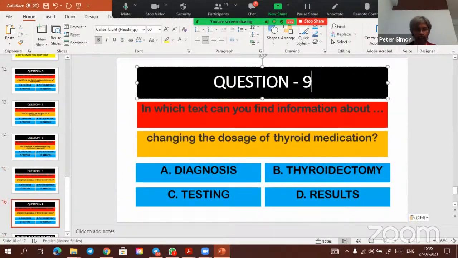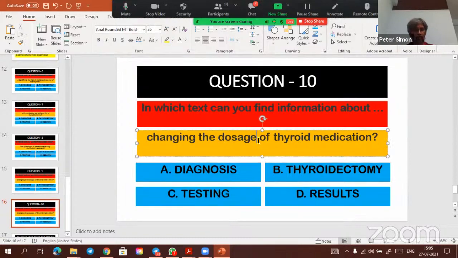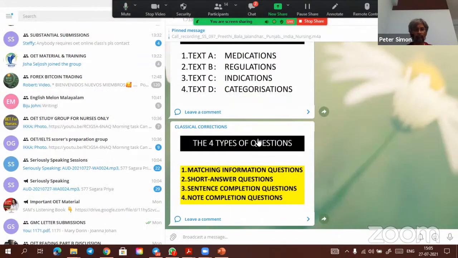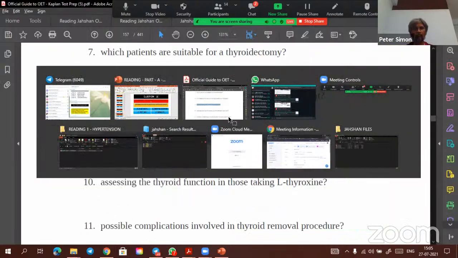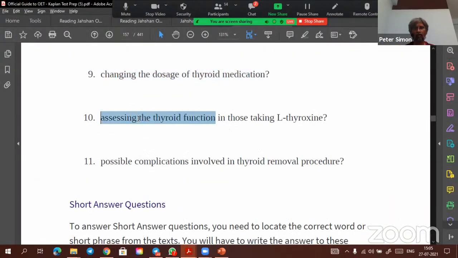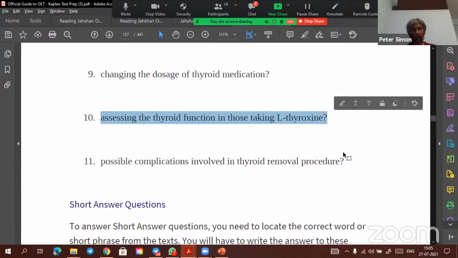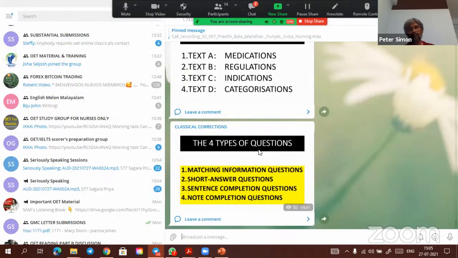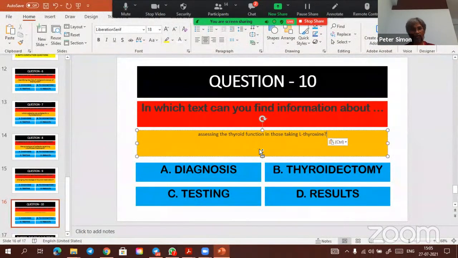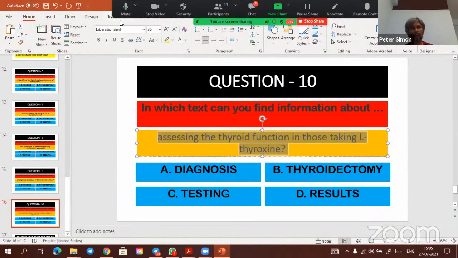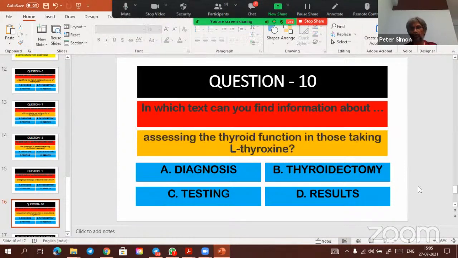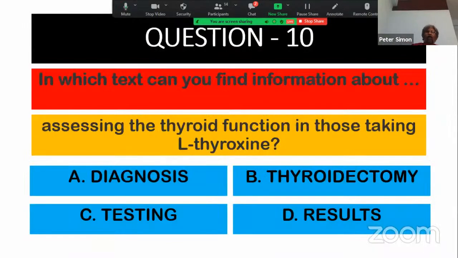Question number 10. Now, next question: assessing the thyroid function in those taking L-thyroxine.